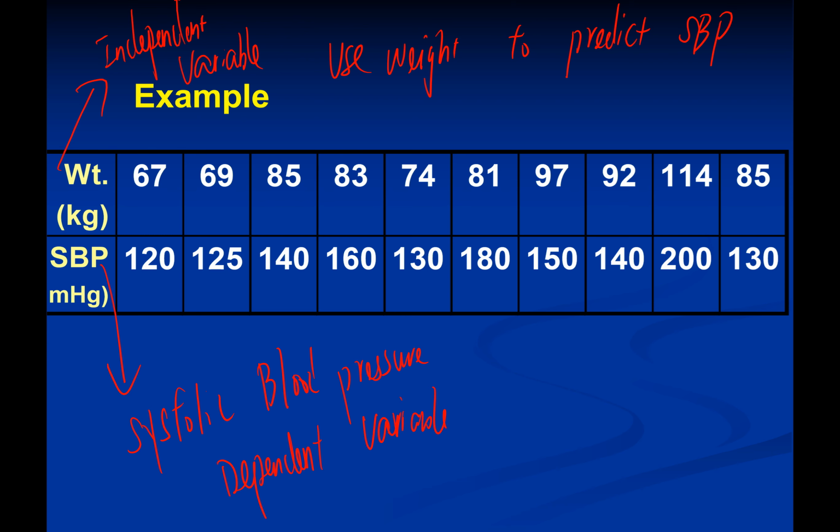Now first of all, we plot this, so each one of these becomes an ordered pair. The first ordered pair will be 67, 120. Second ordered pair 69, 125. Third ordered pair 85 and 140. Etc. Eventually you get to the last ordered pair, 85 and 130. Each ordered pair becomes a point on the scatter plot.